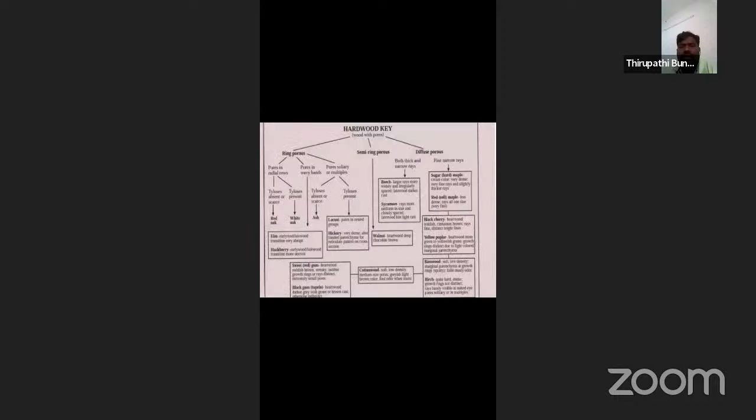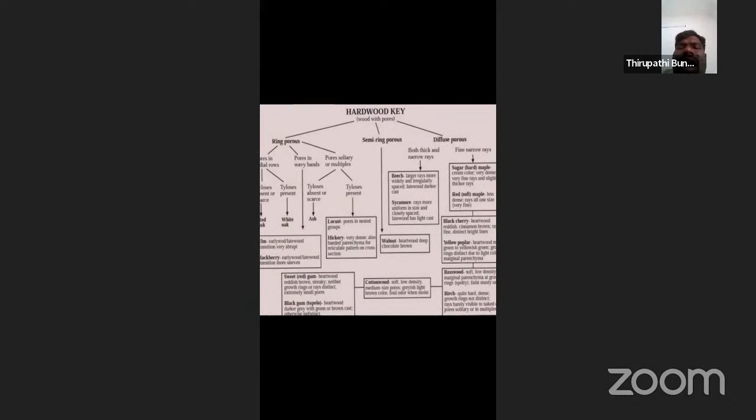But the function of heartwood is not conduction. It gives only mechanical support to the stem. That is the importance of heartwood and sapwood.